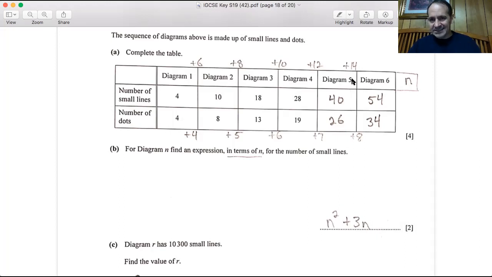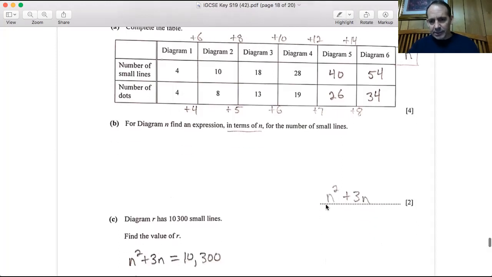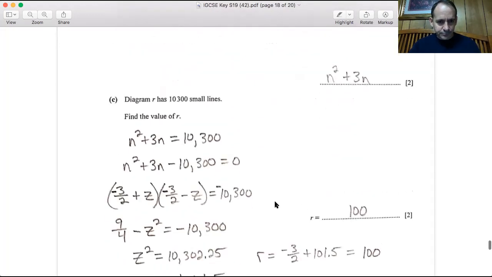But we fit it exactly. 5 times 3 is 15. Now go back and try it with another one. Let's try it with 2. 2 squared is 4, and 2 times 3 is 6. 4 and 6 does give us 10. So it works for all of these. This expression, n squared plus 3n. So that's what I do. It doesn't work all the time, but it does work every once in a while.